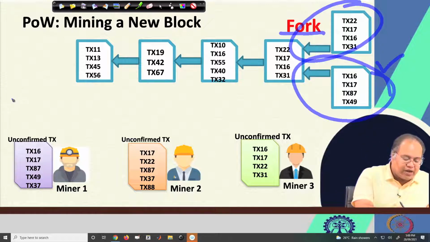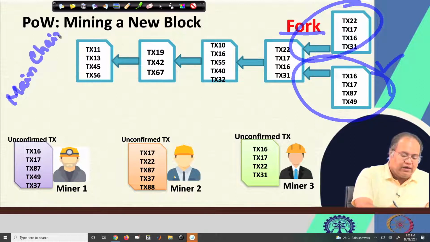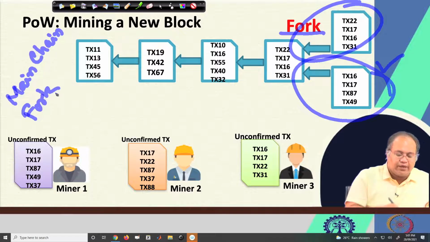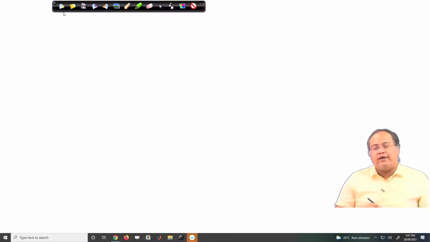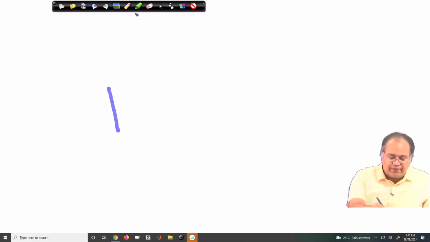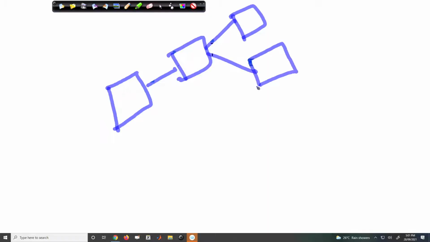Okay. So, these are the two terms we are going to use: one is called main chain and the second one is fork. So, whenever you have two different parts of the blockchain, say I have one block followed by another block, and from this block I have two different entries. Say eventually people are adding multiple blocks here.